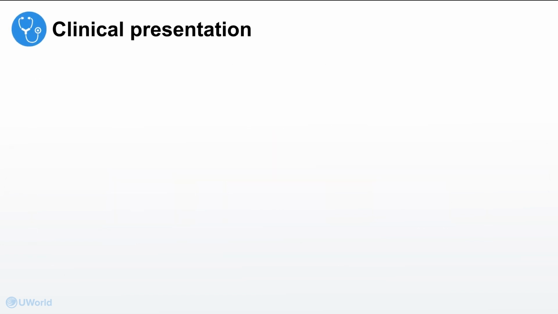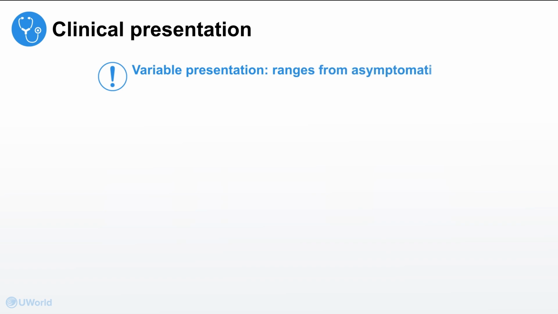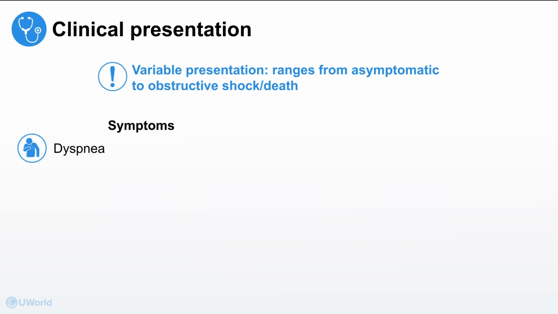Although the size of the embolism often corresponds with symptom severity, the clinical manifestations of pulmonary embolism can be highly variable, ranging from no symptoms to obstructive shock and sudden death. When symptoms are present, the most common are dyspnea due to the impairments in gas exchange and pleuritic chest pain, especially with smaller, more peripheral emboli that cause pleural irritation.